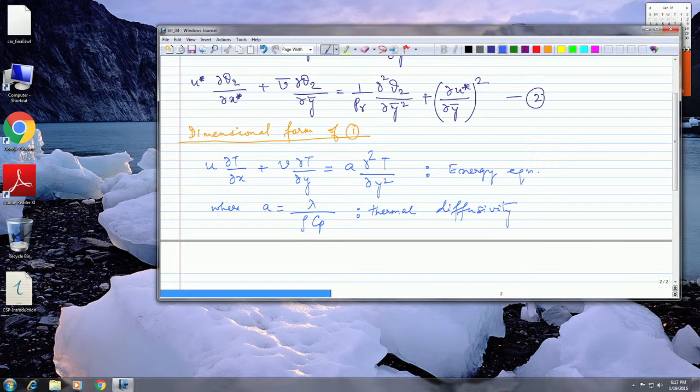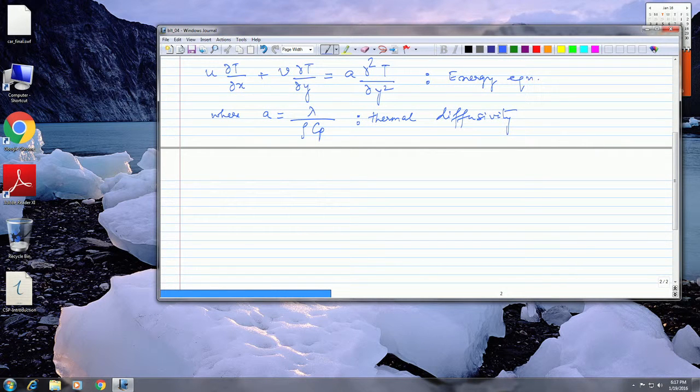Now, as we've emphasized earlier, if I were to solve this energy equation in this form and get an expression for T across the boundary layer, I would need to know the velocity first, right? So let me write this down.